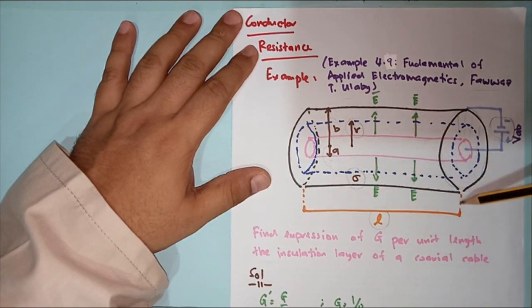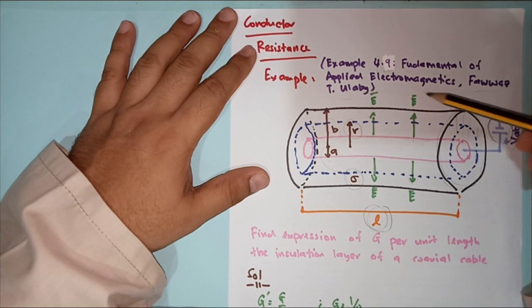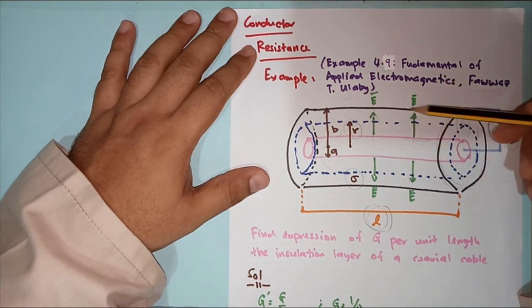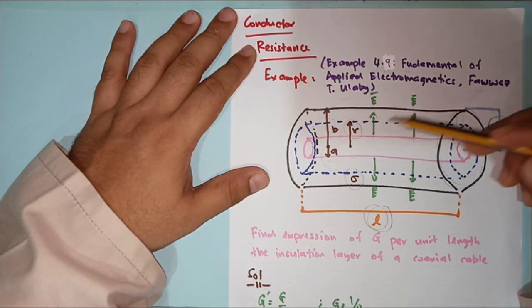The length of the coaxial cable here we consider as L, and the inner and outer conductors are connected with a certain voltage, with a value of VAB. Because of that, we will develop an electric field inside this insulator in this direction.